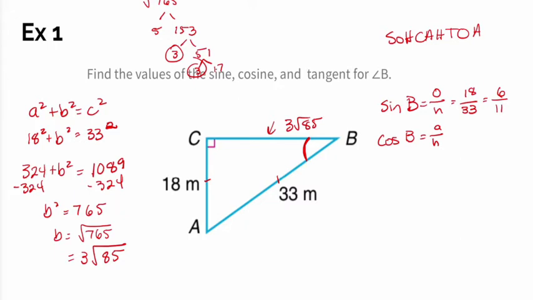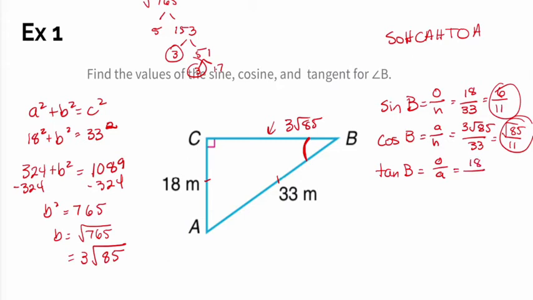So cosine of angle B is going to be 3 square root of 85 over 33, or just square root of 85 over 11. Please leave it in terms of a square root. Do not make it a decimal. And then tangent of B is going to be opposite over adjacent, which is going to be 18 over 3 square root of 85, which would be 6 over the square root of 85.